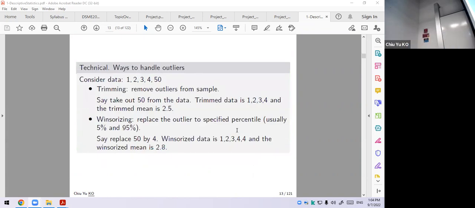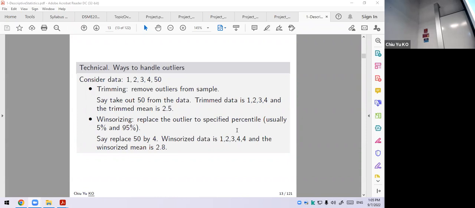One way is what we call trimming. Basically, if we have data that's super big, we just cut it out from our sample. So take out 50, and the trimmed data is 1 to 4, so the trimmed mean is 2.5. The question is what to trim, how can we know?